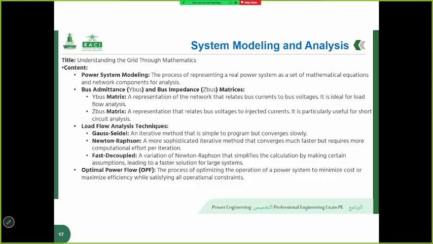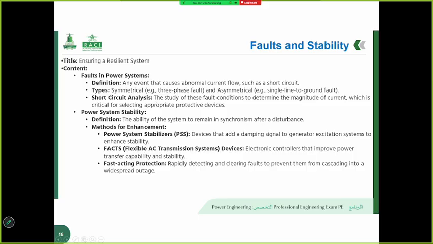The objective is typically to minimize a cost function, meaning the total cost of generation, while ensuring that voltage limits, power flow limits, and other operational criteria are met. Optimal power flow is essential for making the power grid as efficient and economical as possible.